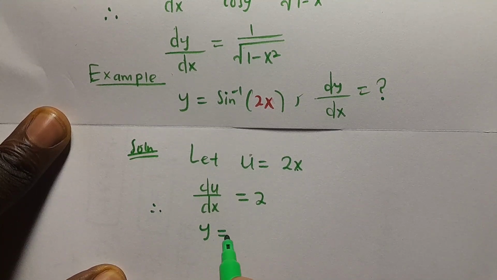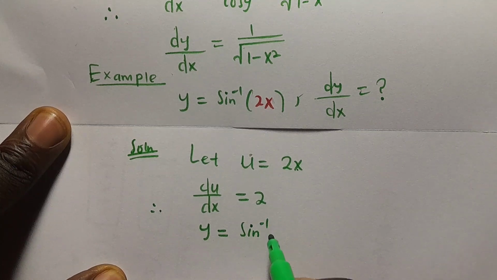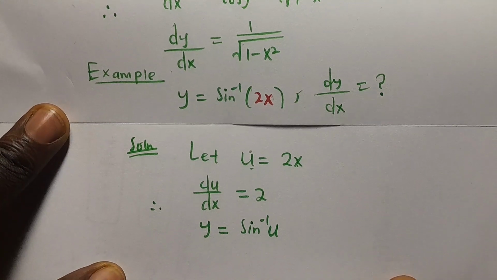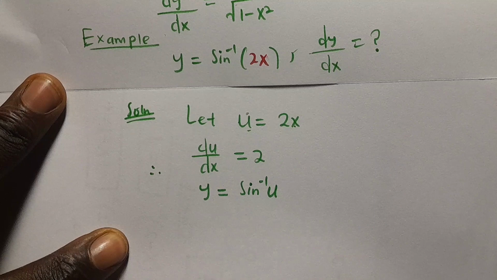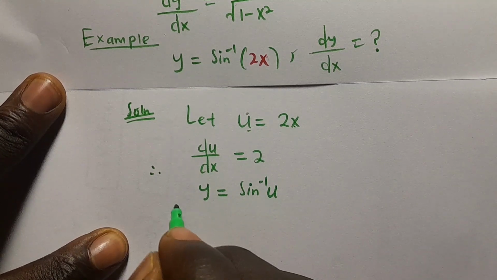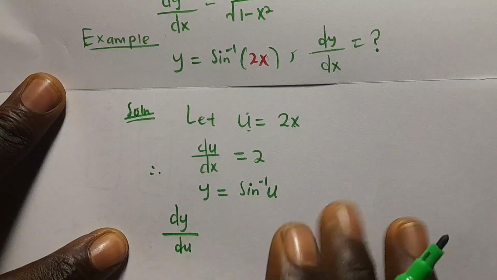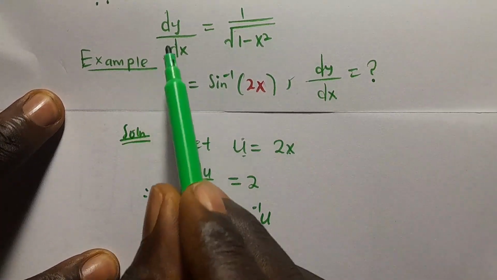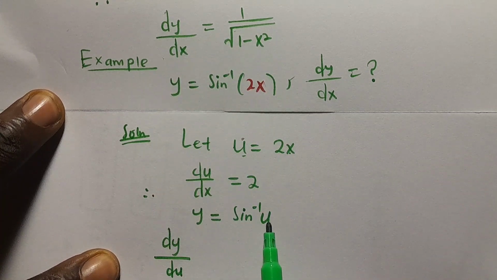So therefore our y will be sine inverse of u, and from here our dy over du will be equal to, here we have it to be dy/dx, which equals 1 divided by the square root of 1 minus x squared.